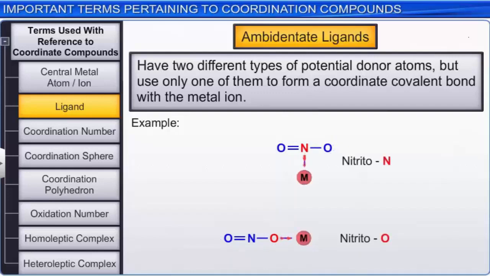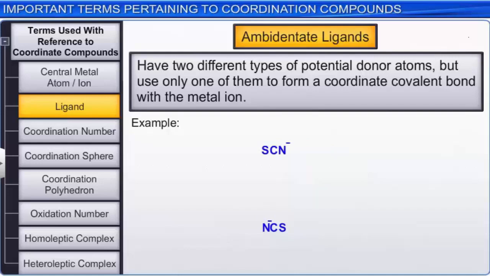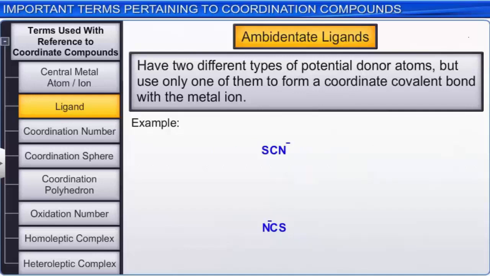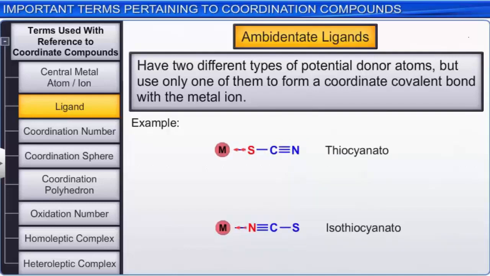The next example of an ambidentate ligand is thiocyanato and isothiocyanato. These two ligands have the same molecular formula, but the donation site differs.